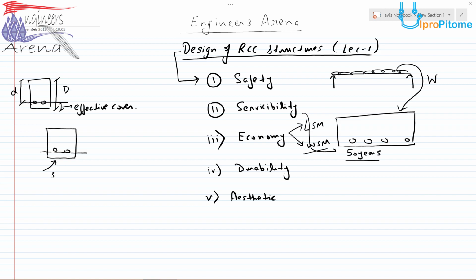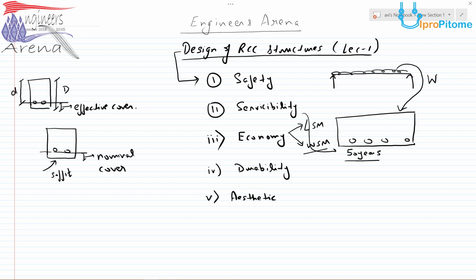This one is basically known as soffit. This is the nominal cover. To increase the durability of the structure, we must increase the cover for various conditions. We will see the provisions in IS 456 2000, where there is consideration for cover and all those things. That will come later on.